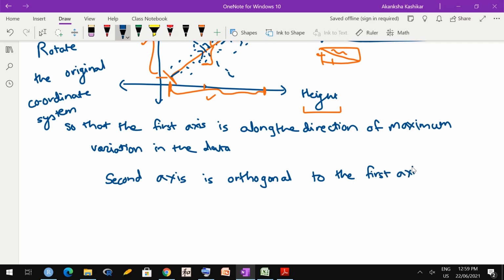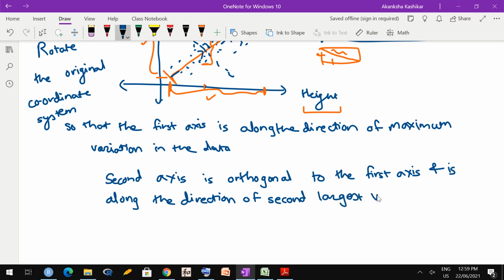Orthogonal to the first axis and is along the direction of second largest variation. Okay, is along the direction of second largest variation in the data. Then third axis is orthogonal to both the first and second axis and is along the direction of third largest variation.